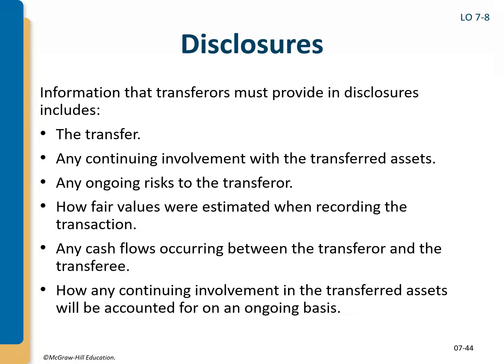We must make disclosures related to these transactions. So information that transferors must provide includes the transfer, continuing involvement if they have any with the transferred assets, like if it's with recourse, any ongoing risks to the transferor, like that liability with recourse, how fair values were estimated when recording your transaction, any cash flows occurring between the transferor and the transferee, between the buyer and the seller, and any continuing involvement in the transferred assets, how it will be accounted for on an ongoing basis.